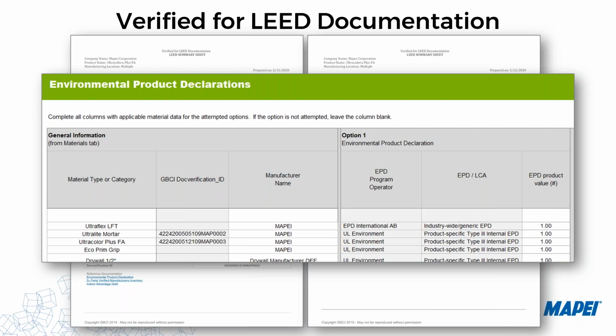All you have to do is provide a GBCI ID, and that's available in the report, which is available in our sustainability product reports. If a product has been verified for LEED documentation, project teams just add this ID and can skip providing backup documentation. It's meant to save time for project teams and LEED reviewers.